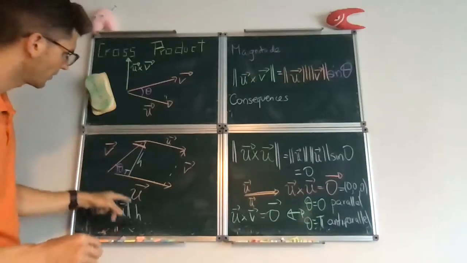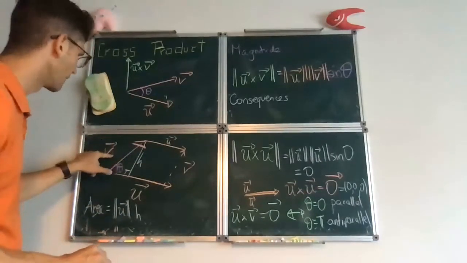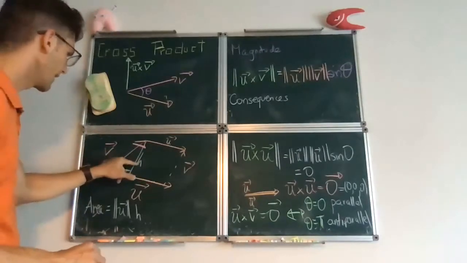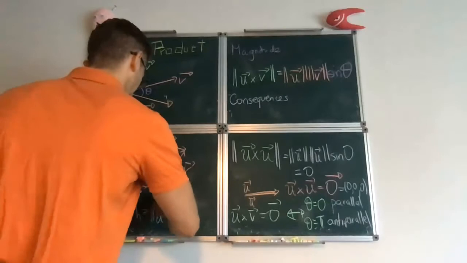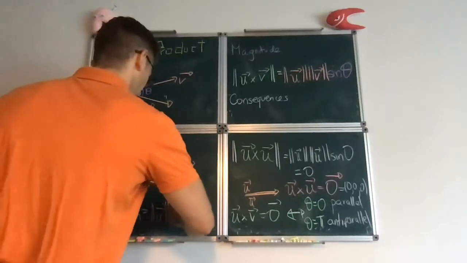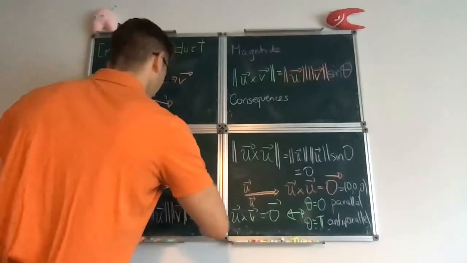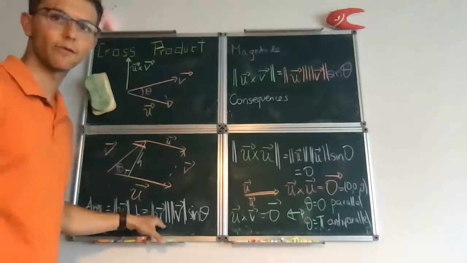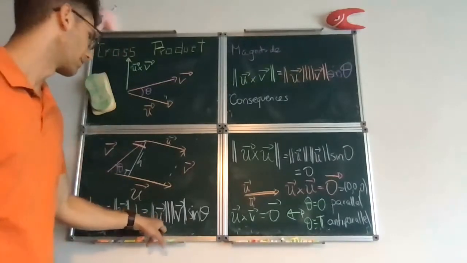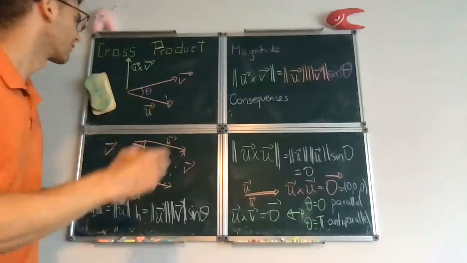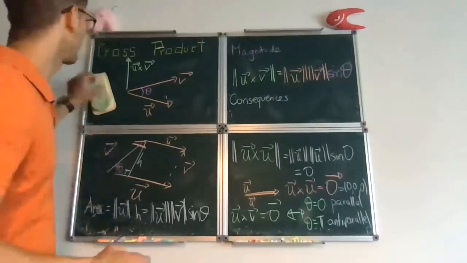But the height, well, the sine of theta equals opposite over hypotenuse, so that means that h equals the hypotenuse times the sine of theta. But this is precisely the formula for the area of the parallelogram. Sorry, for the norm of the cross product.